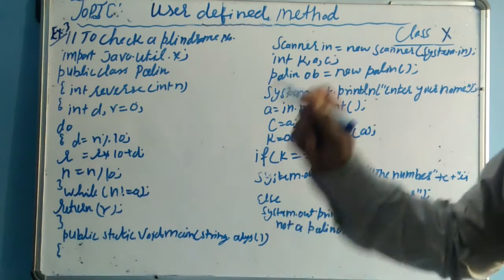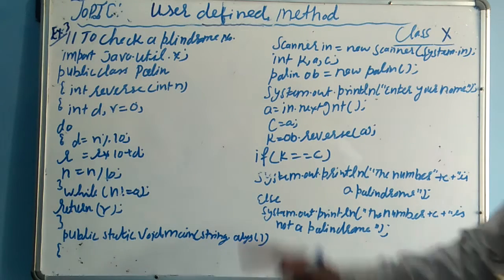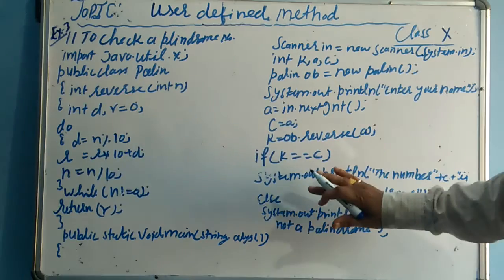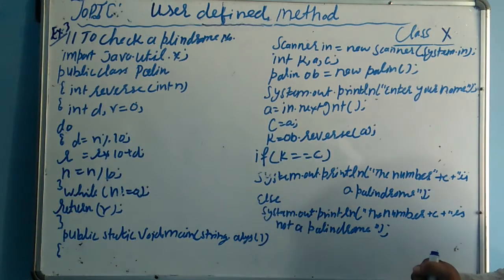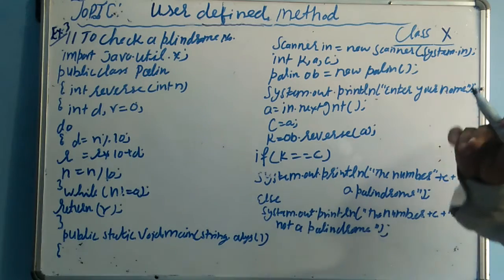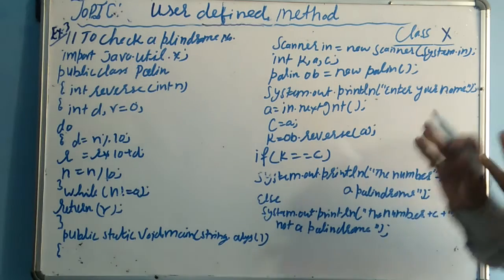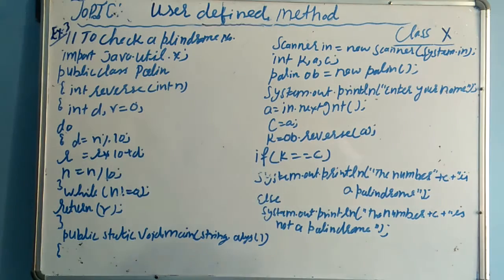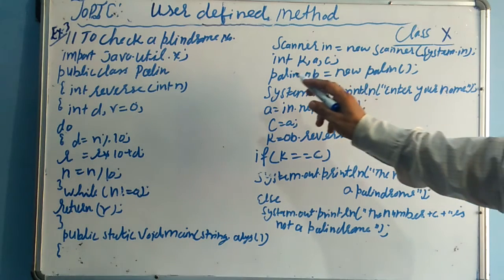Then we are using here do while. I have already explained this. Before that I will tell you this portion: when you make this program, how it will work. It will ask you the value of the number.